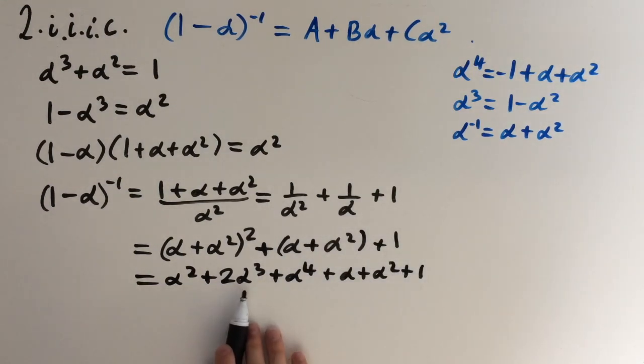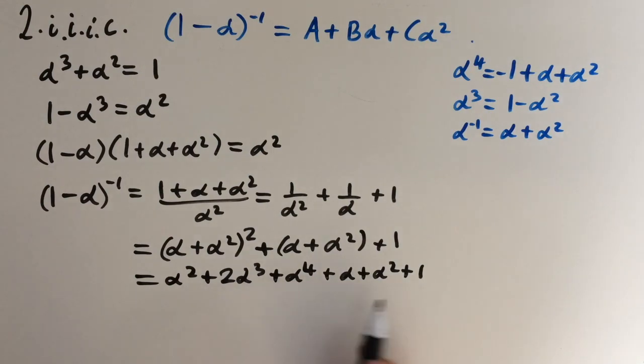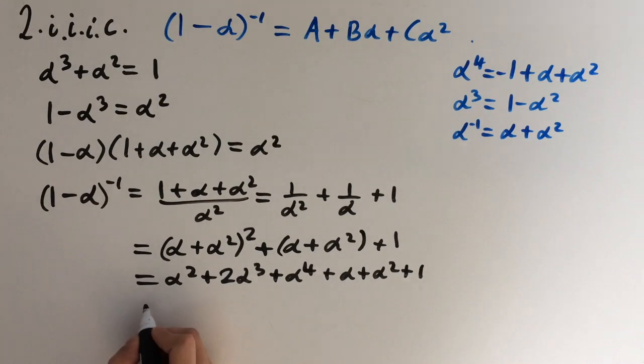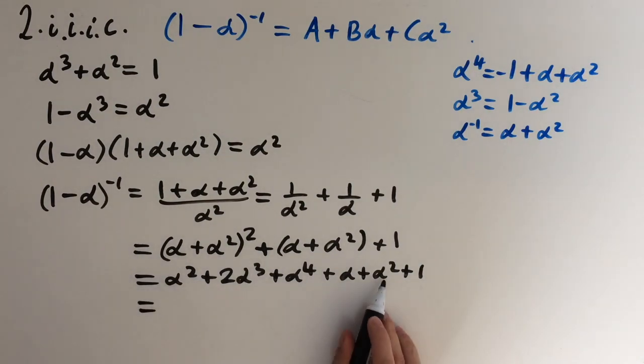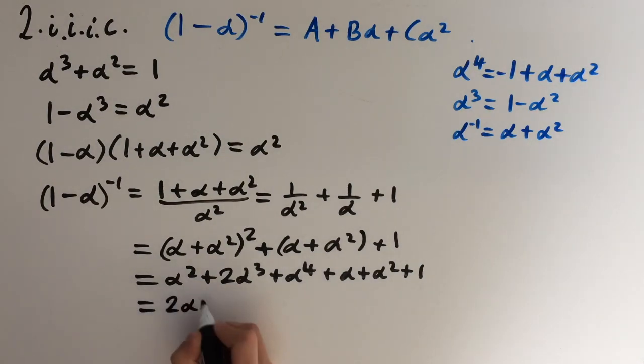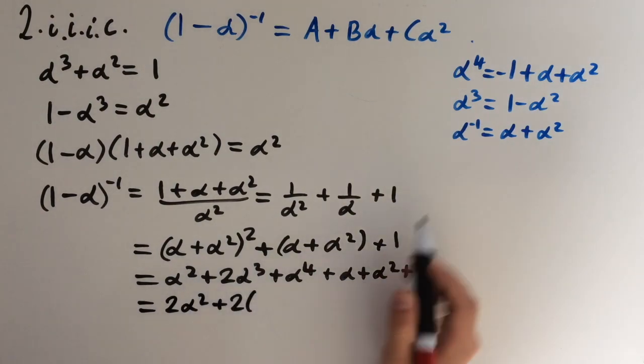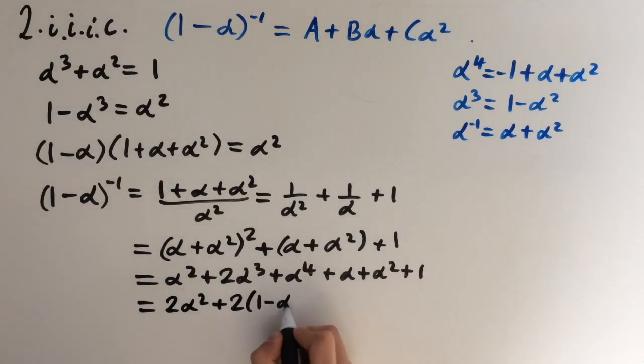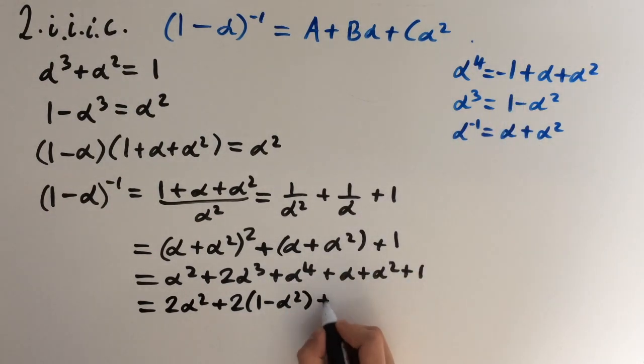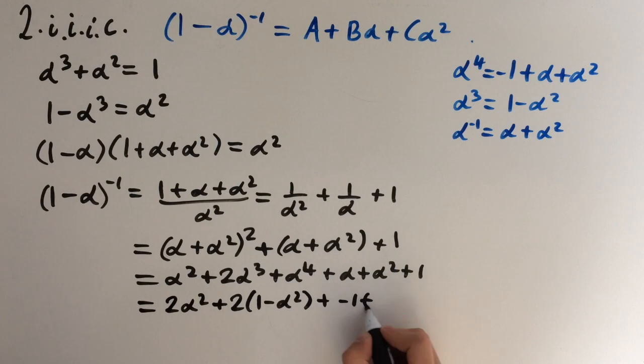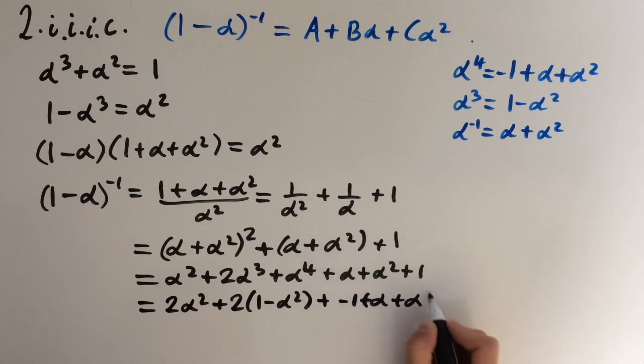And now we're going to use the substitutions of alpha cubed plus alpha to the power of 4, which we found out in previous questions as well. So if I collect the terms for alpha squared, we're going to get 2 alpha squared, and now substitute in alpha cubed, so 2 times 1 minus alpha squared. And now I'm going to substitute in for alpha to the 4, we get minus 1 plus alpha squared.